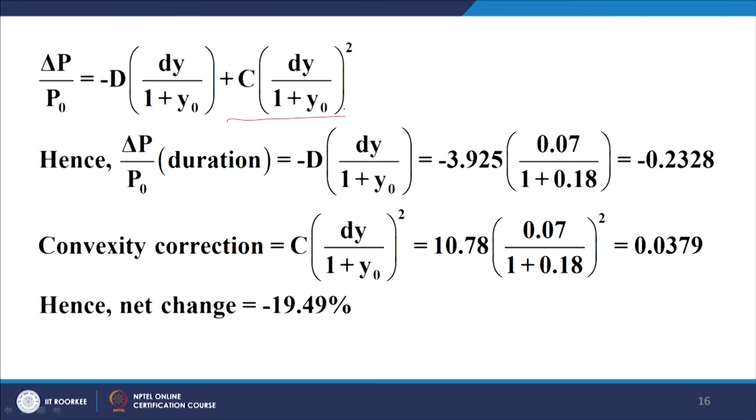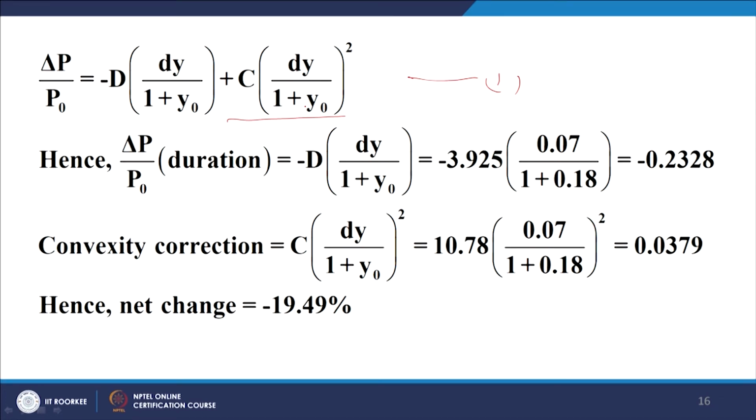If we introduce the convexity correction, what is it? This is the second term in formula 1, c into dy divided by 1 plus y0 whole square. Here c is found to be 10.78. So, 10.78 into 0.07 divided by 1.18 whole square gives 0.0379, that is 3.79%.